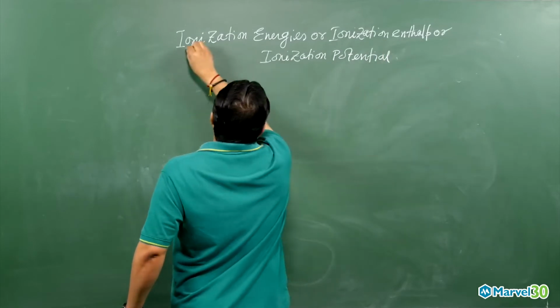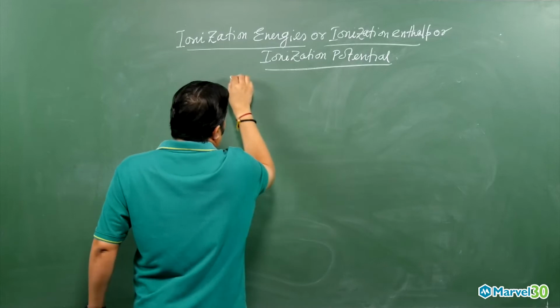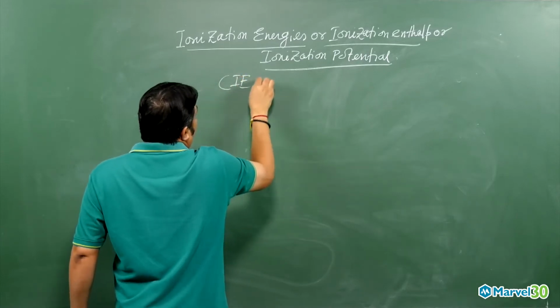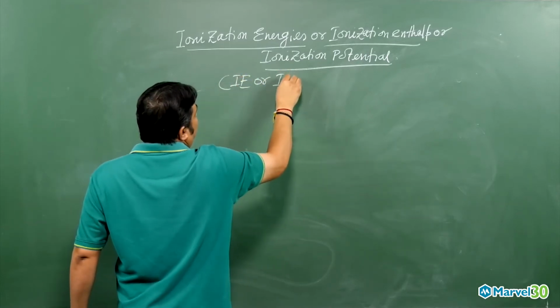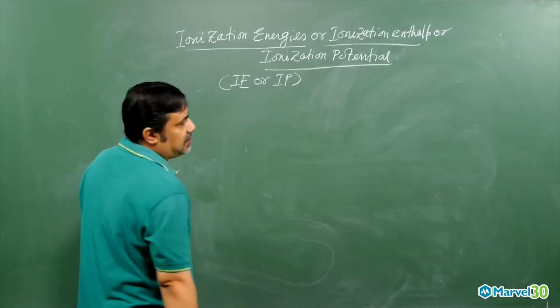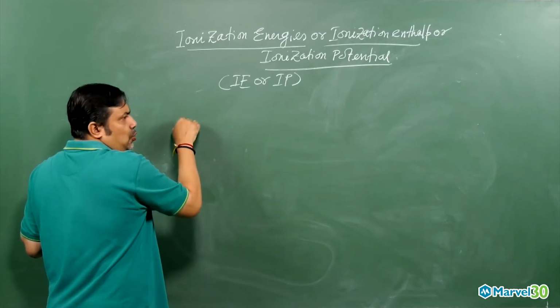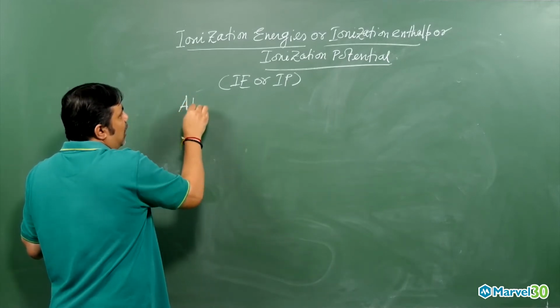In short, they can say IE, ionization enthalpy, ionization energy, or IP, ionization potential. They will say it this way. Now, first of all, along a group, from top to bottom, what will happen?